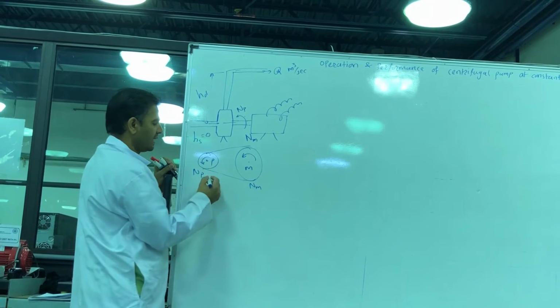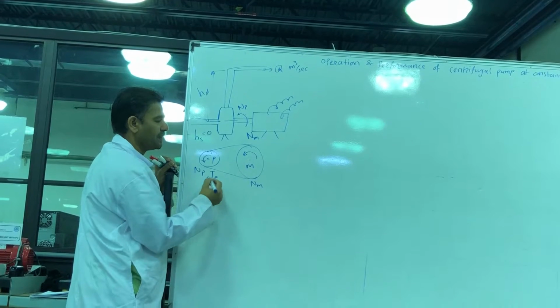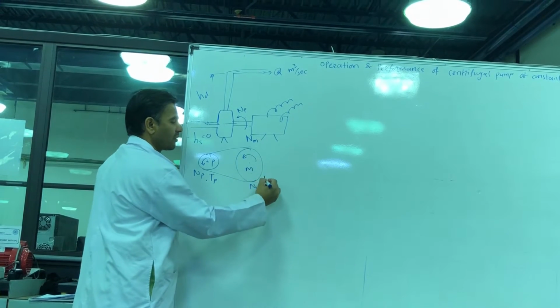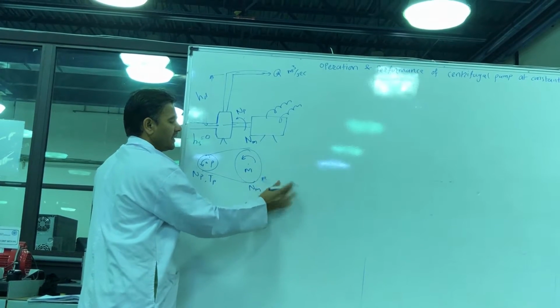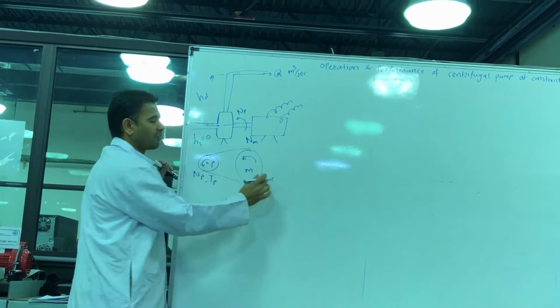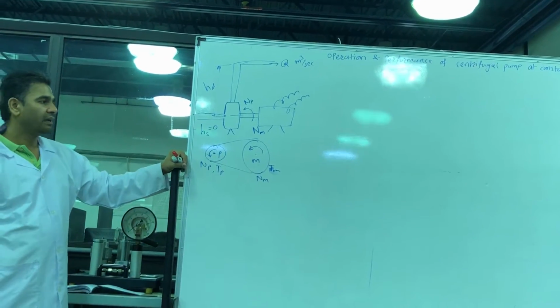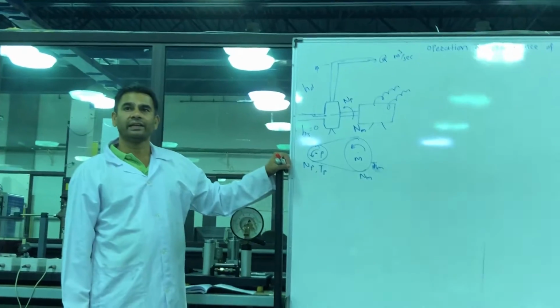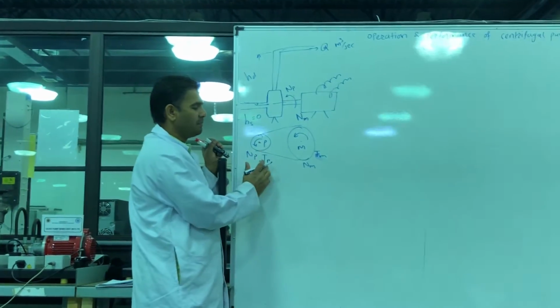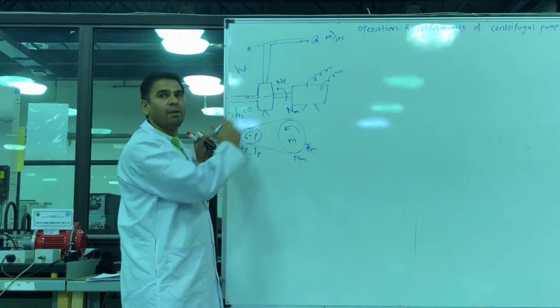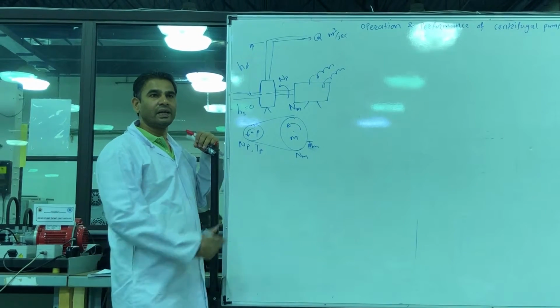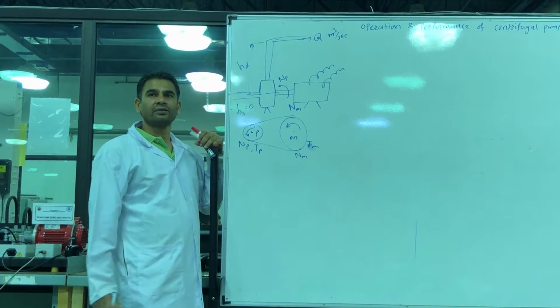Suppose this gear has number of teeth TP and this gear has number of teeth TM. TM is the number of teeth on the motor gear, and TP is the number of teeth on the pump gear. What is the relation for power transmission?